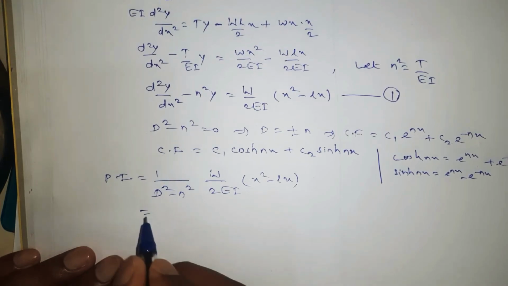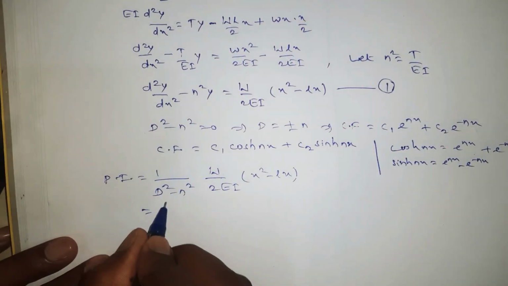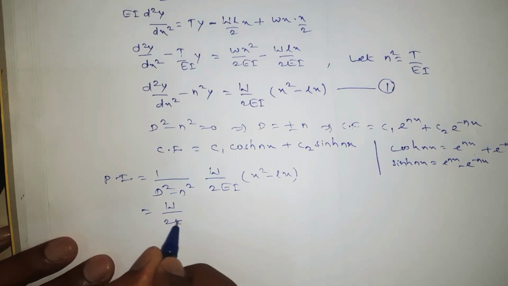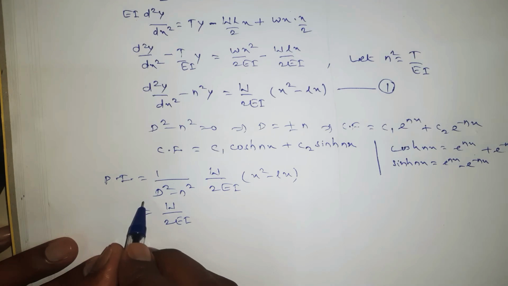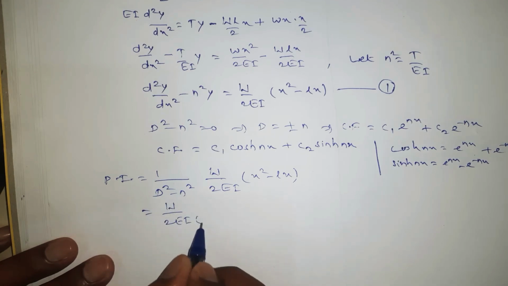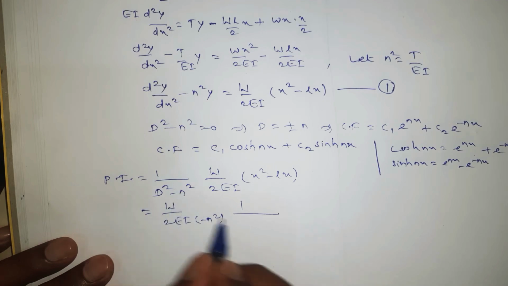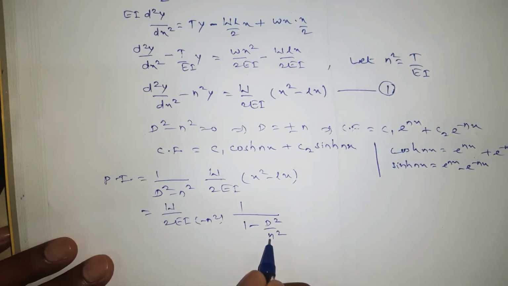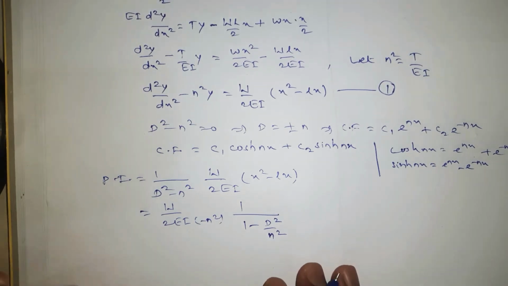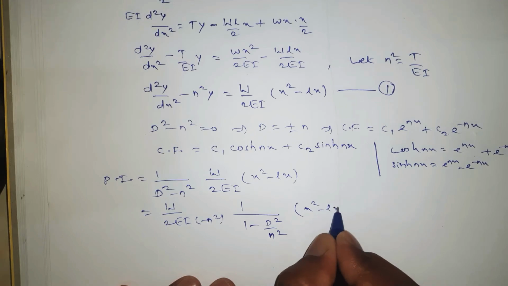So this is equal to, this term we can write in a proper way and simplify: w upon 2EI, here x square minus lx is there, so take minus n square common, minus 1 upon n square, 1 upon what remains here, 1 minus D square upon n square. You know the shortcut method; I am using the shortcut method here.